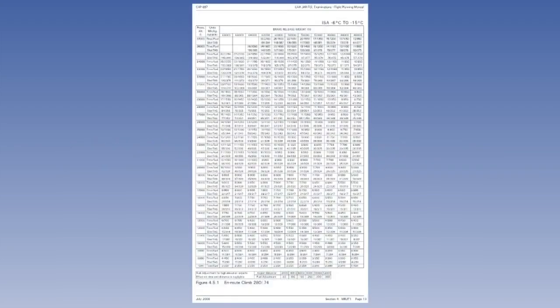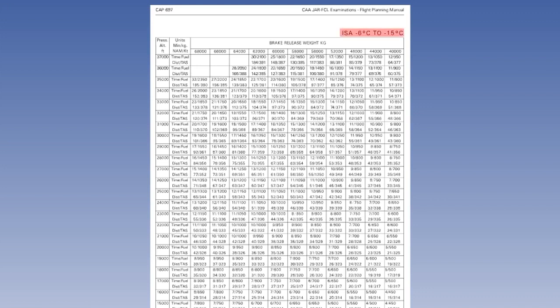The first table we shall look at is Figure 451, which gives the data for an en route climb. Figure 451 is split across 4 pages. Figure 451 on page 19 gives the data for ISA deviations of between -6 degrees Celsius to -15 degrees Celsius.